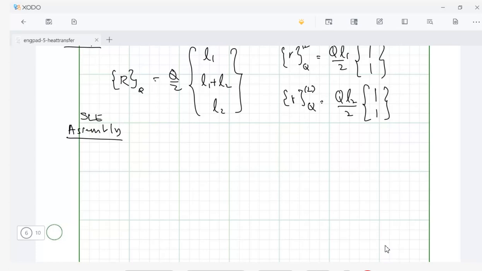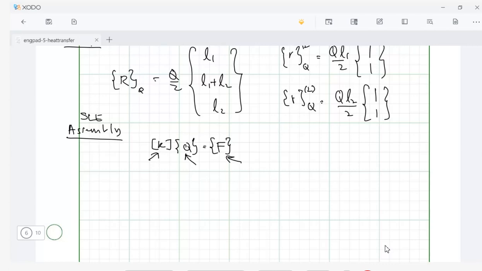So in our solid mechanics or structural problem, it is just K times Q equal to F, right? So in the case of heat transfer, what will it be? Note that in this case, K is our element stiffness and Q is the unknown DOF, right? And this is the force.